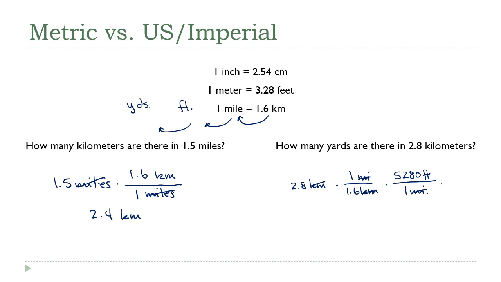So I'm going to do 1 yard per 3 feet. The feet cancel. Yards are the only unit that's left, so I can get my answer. It's going to be 2.8 times 5,280 over 1.6 times 3 yards. Do the arithmetic here. This comes out to 3,080 yards. And that's it. Right, there's my final answer.